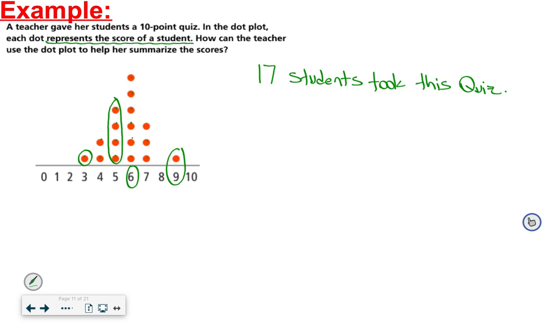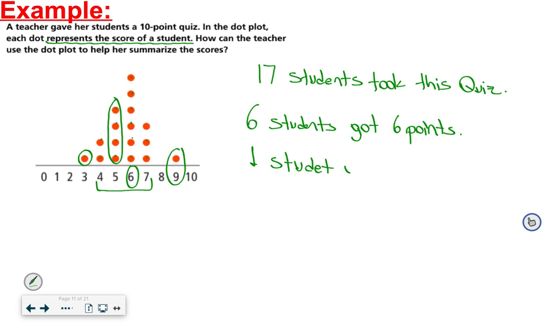And most of the students, there's a cluster from 4 to 7, and 6 students got 6 points. One student got 9 points on this quiz.